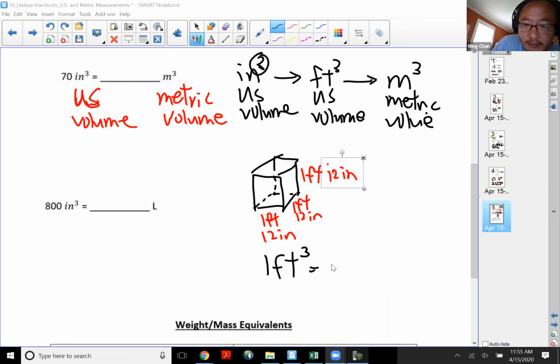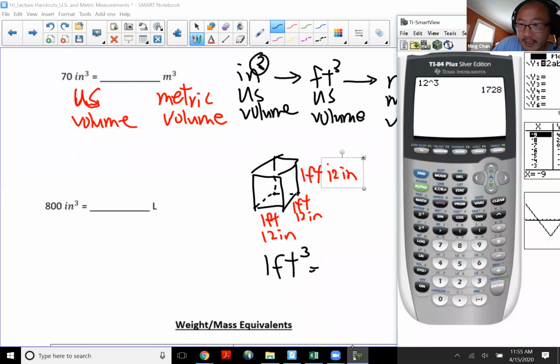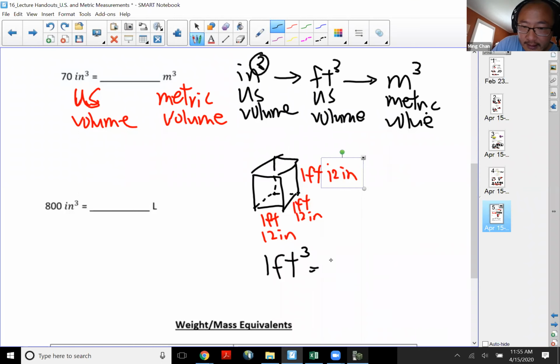All right, so 12 inch times 12 inch times 12 inch is 1728 cubic inch. So what does that mean?